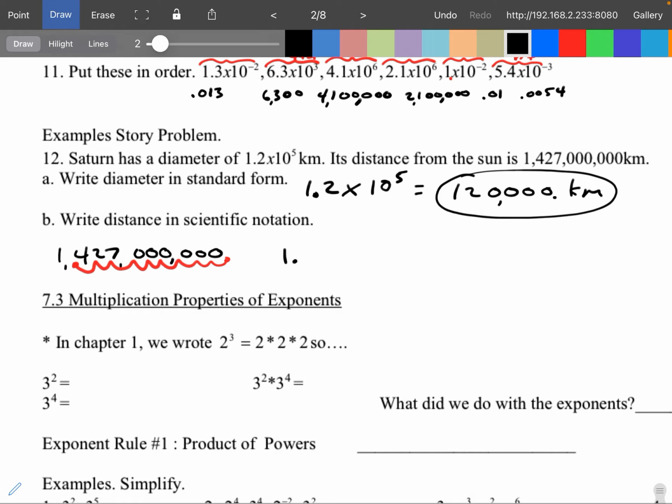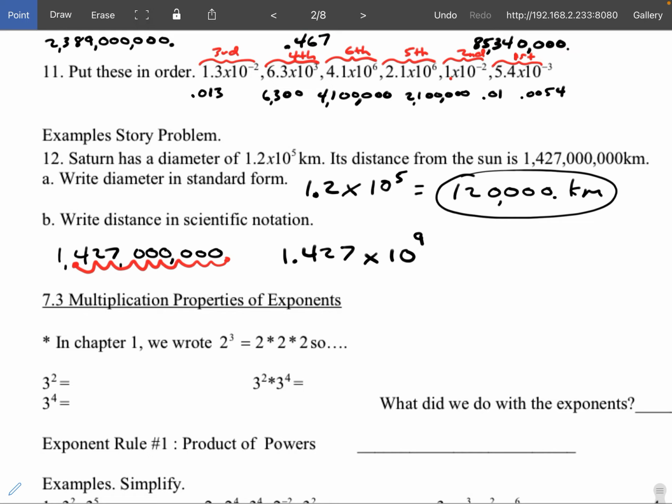There can only be one digit to the left of the decimal place in order to be in scientific notation. So that's going to be 1.427. And then we drop all the zeros. And then times 10 to the, how many places did I move it? 9. All right, it's not negative 9, it's 9. Because this is a big number right here, right?